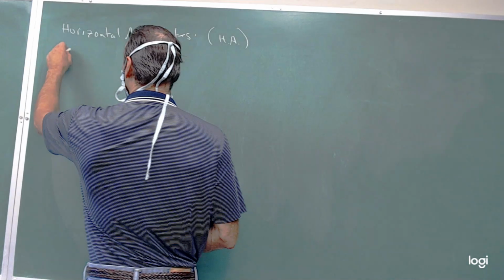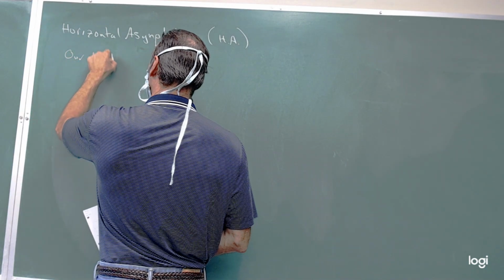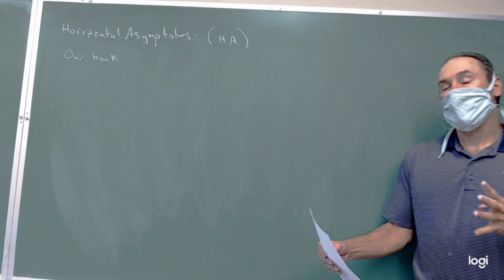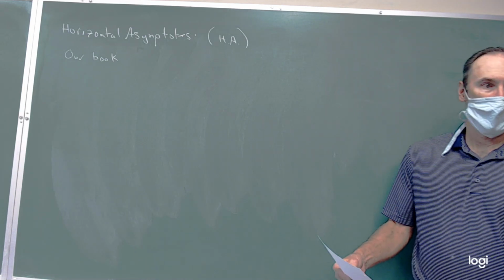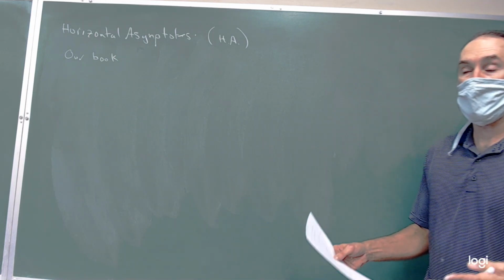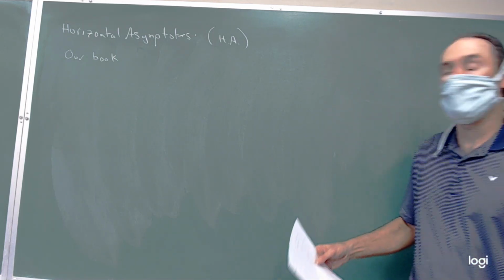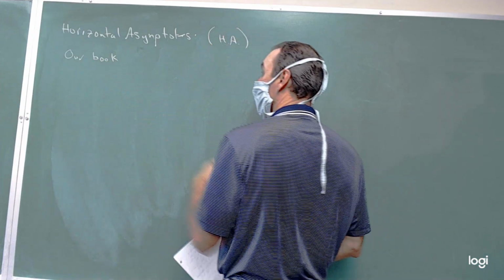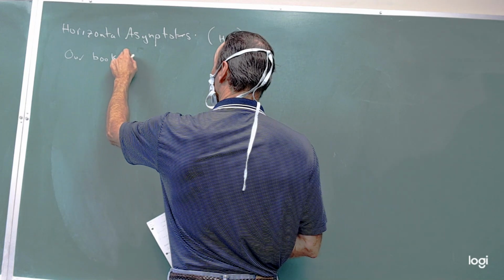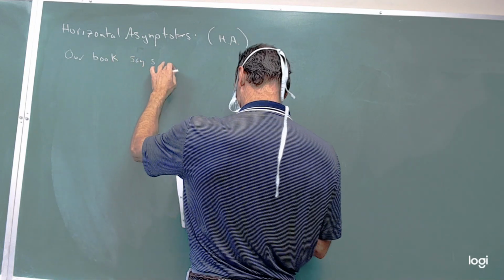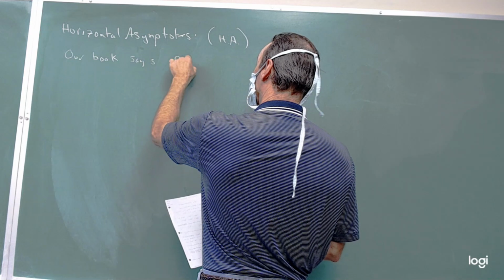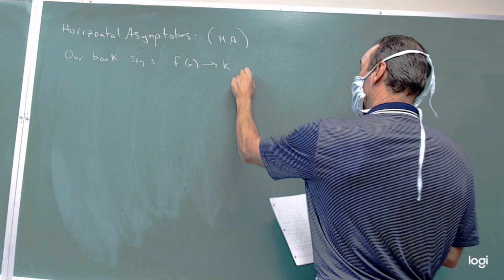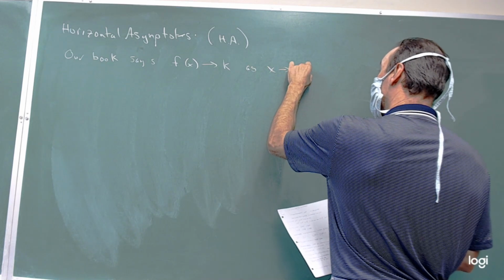So our book, just to warn you, is trying to transition you into the formal notation that is really used in math. And I'm not going to use their notation because I'm just going to jump right to what is actually used all the time. But I just want to familiarize you with what you're going to see in our book. So our book says they're going to use the notation and they'll write it this way. f of x approaches k as x approaches infinity.